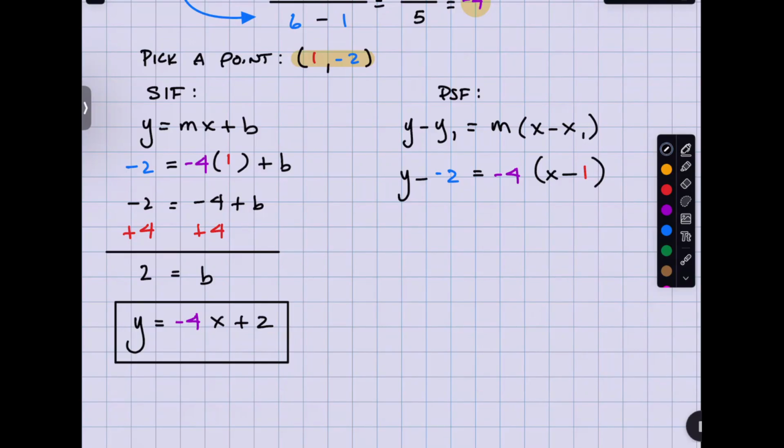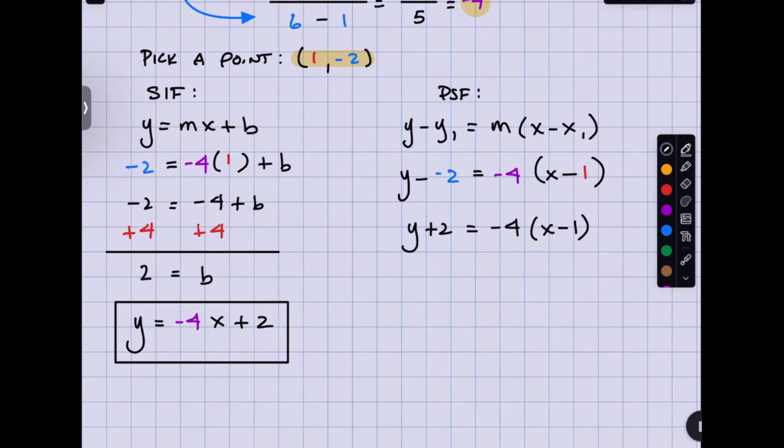So notice that x sub 1 and the y sub 1 is actually your point. You're just plugging everything in. So really I have y plus 2 is equal to negative 4 times x minus 1.